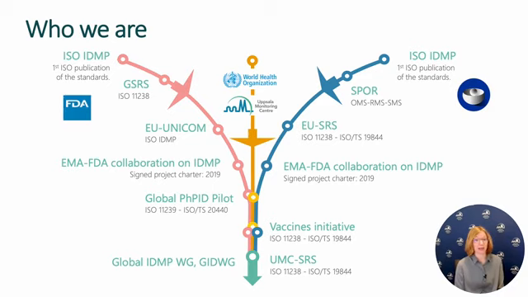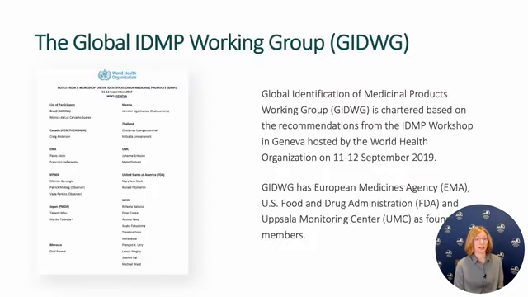EMA and FDA also kicked off a formal collaboration on IDMP in 2019, and FDA collaborated with UMC on a first pilot for PhPID in 2021, which eventually led to the formation of the Global IDMP Working Group. The Global IDMP Working Group was organized and chartered, following several recommendations from a meeting in 2019 in Geneva about IDMP implementation.